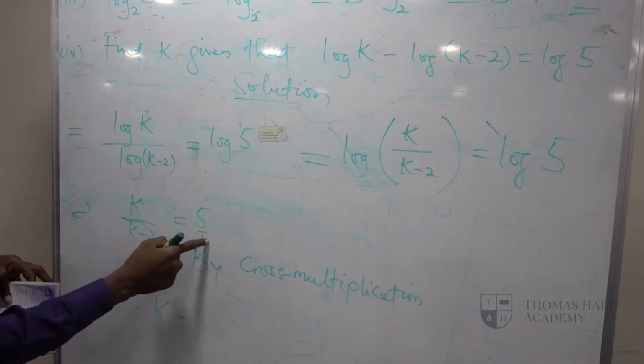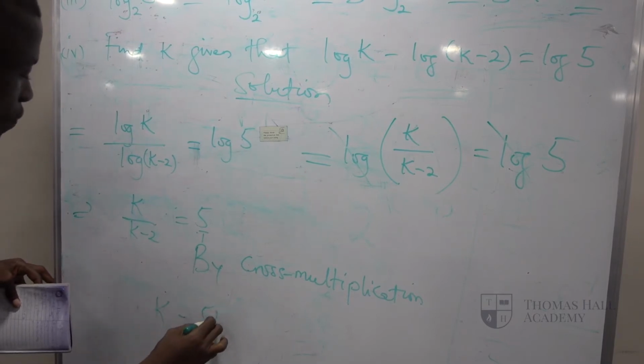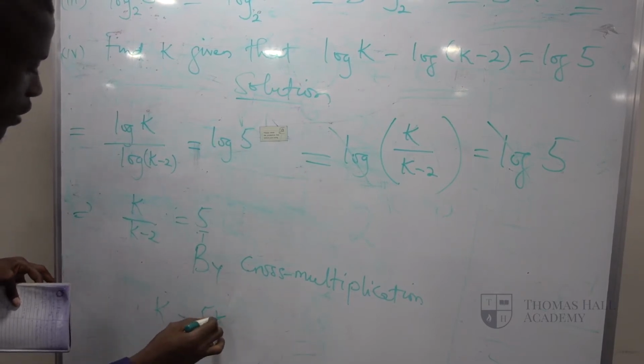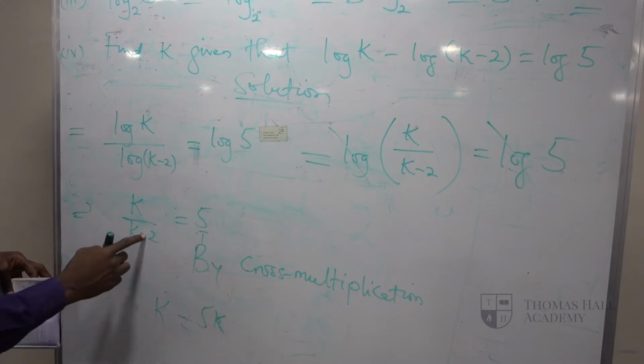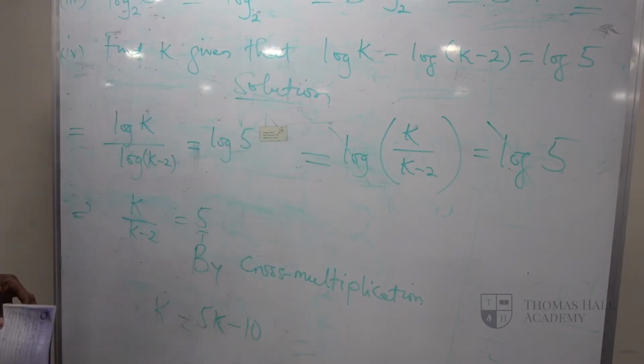So k multiplies 1, k equals 5 times k gives us 5k. 5 times minus 2 gives us minus 10.